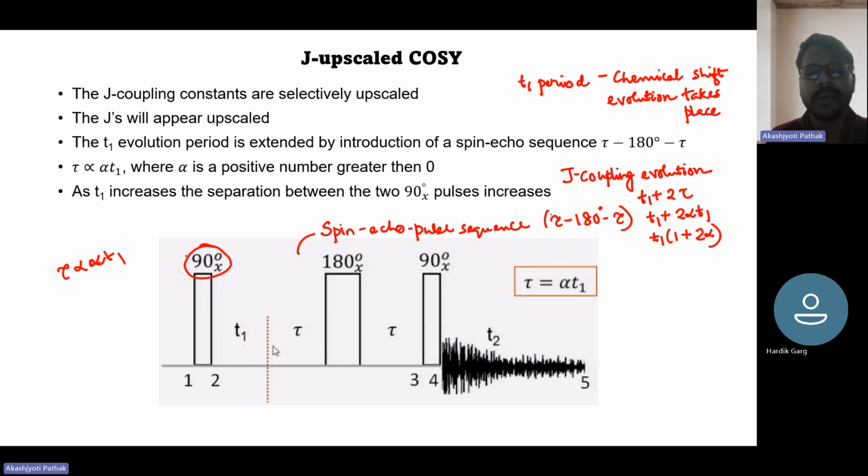So the J coupling evolution will take place for the entire time duration, from time point 1 to time point 4, while the chemical shift evolution will only take place for the T1 time period. Okay.